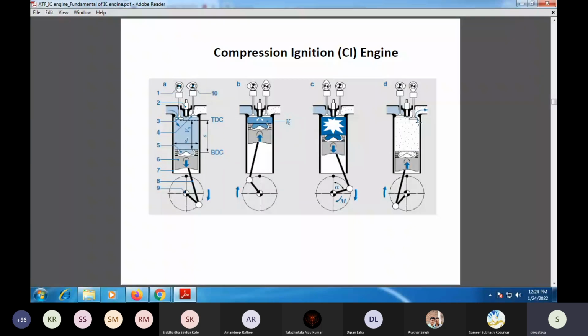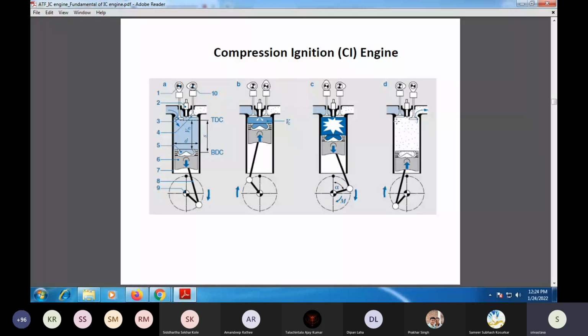And then the remaining exhaust product is going to be flushed out from the combustion chamber when the exhaust stroke takes place, in which the piston moves from the bottom dead center to the top dead center. When the piston is about to reach the top dead center, the intake valve is going to open, and again the next cycle is going to start.